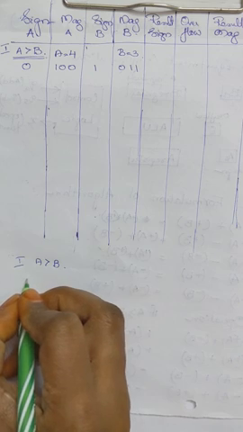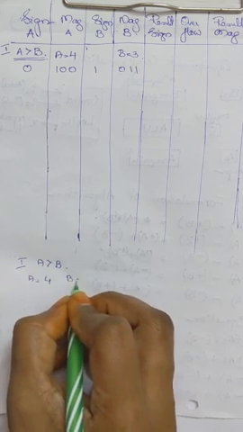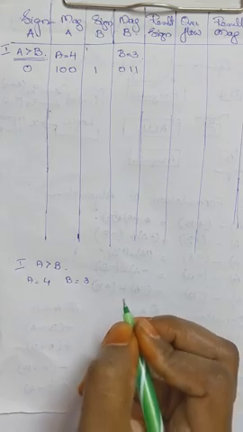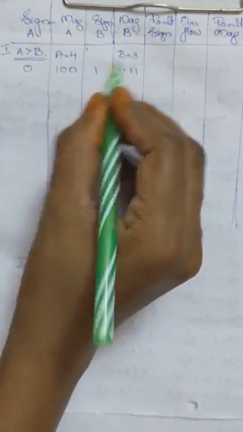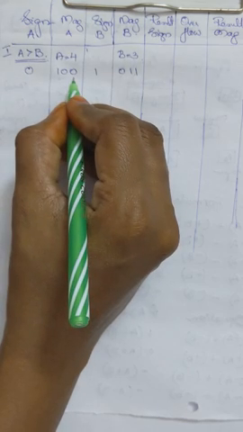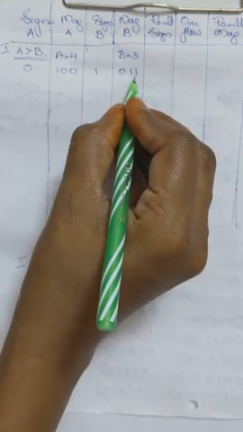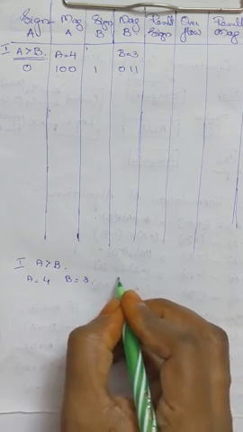For example, we can take a is equal to 4 and b is equal to 3. Binary of 4 is 1 0 0. Binary of 3 is 0 1 1. Now I have to perform the operation.